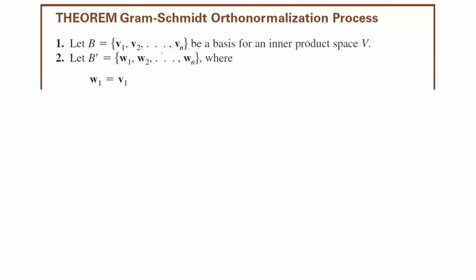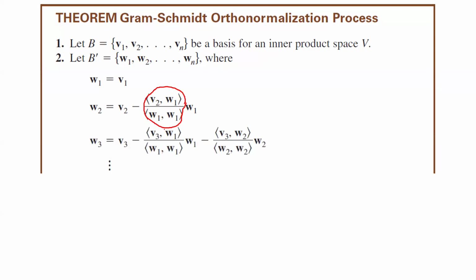If B is a set of vectors v1, v2, ..., vn that is a basis for an inner product space V, and B prime includes w1, w2, ..., wn, where w1 is equal to v1, w2 is equal to v2 minus this scalar multiplied by w1, which is the inner product between v2 and w1 divided by the inner product between w1 and w1, in the direction of w1.